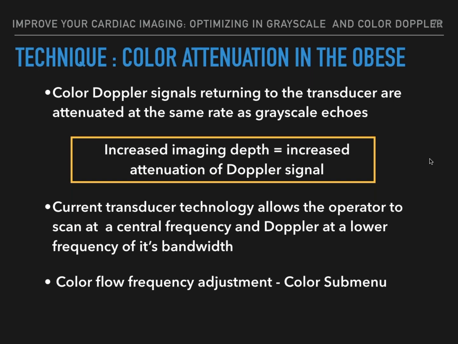Current transducer technology allows the operator to scan at a central frequency and Doppler at a lower frequency of its bandwidth. So when utilizing color Doppler on an obese patient, you notice that color flow isn't filling in. This is due to the attenuation of Doppler signal by the increased imaging depth. In order to strengthen that signal, you can go to your color submenu and lower your color flow frequency. So here's an example.